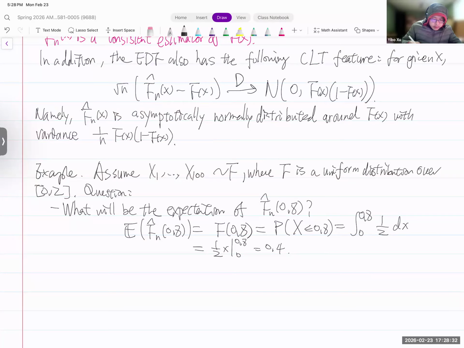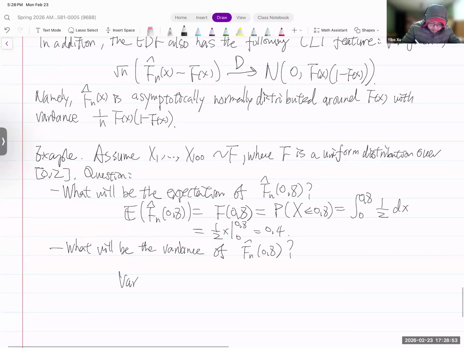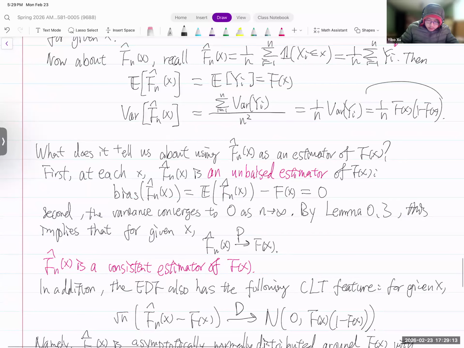Now, what will be the variance of this approximator? Remember, the sample size is 100, so there is a division there. Just utilize the formula we have established earlier.